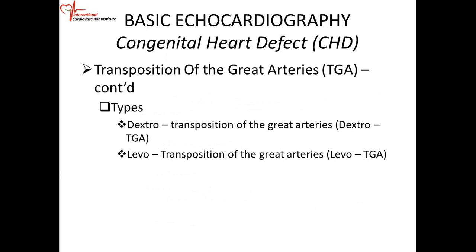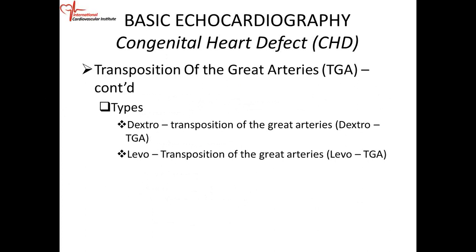So the pulmonary artery is on the right side, but the left ventricle is now on the right side, and the right ventricle is on the left side. So the aorta comes out of the right ventricle. That is a very simple way of understanding it.